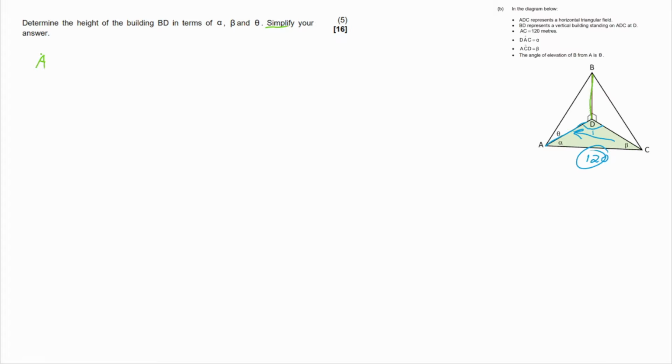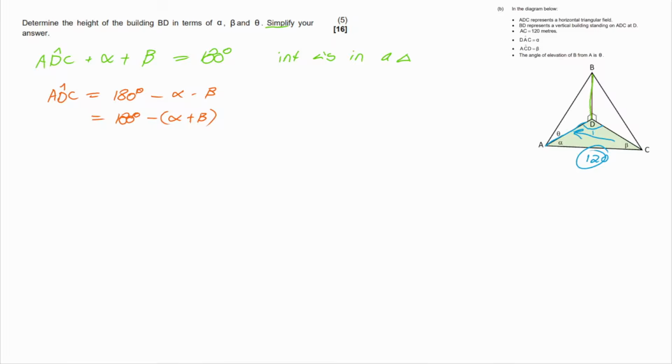I know that angle ADC plus alpha plus beta is equal to 180 degrees, and that's just from interior angles in a triangle. So what I get then is ADC is equal to 180 degrees minus alpha minus beta, which I can put together as 180 degrees minus (alpha plus beta). So now let me apply the sine rule.